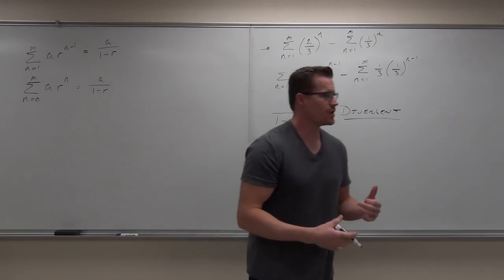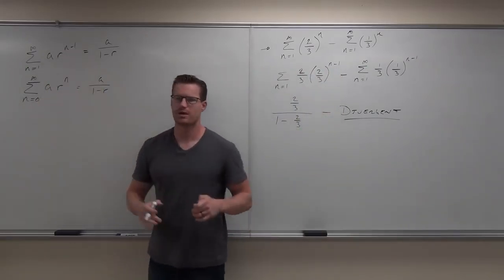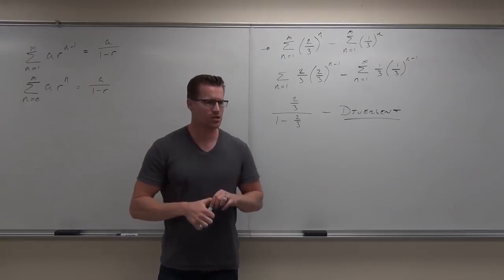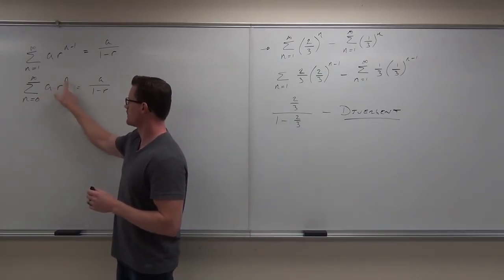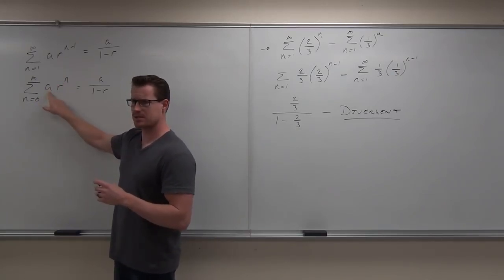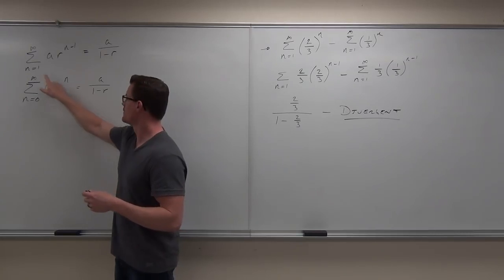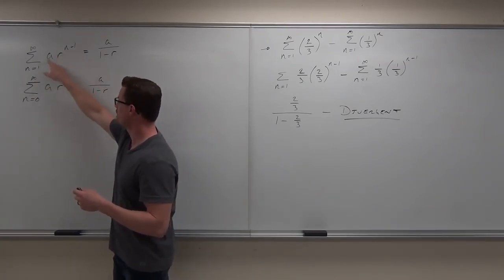It doesn't change, even though my index is different, even though my power is different. Here's the whole reason why this doesn't change. The whole reason is because I don't care what this is, if my first power is 0, that means I'm going to get A as my first term. Does that make sense to you? It's always going to be the first term. If my first power is, oh, hey, 1 minus 1, that's 0. My first power is 0, A is going to be my first term.